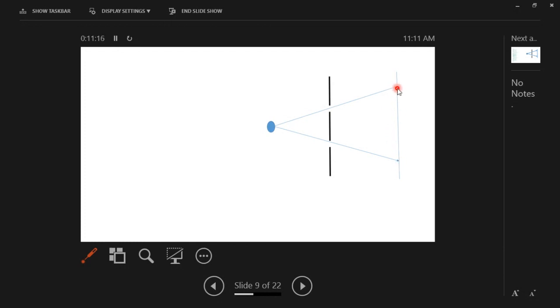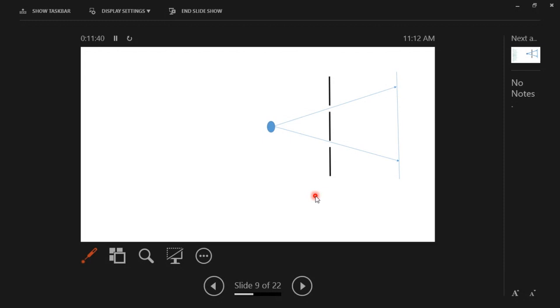So you are going to see a bright spot here, and you are going to see another bright spot here, and then everywhere else on this screen you expect to be dark, if light was traveling in a straight line. That's what you would expect if ray optics was correct.